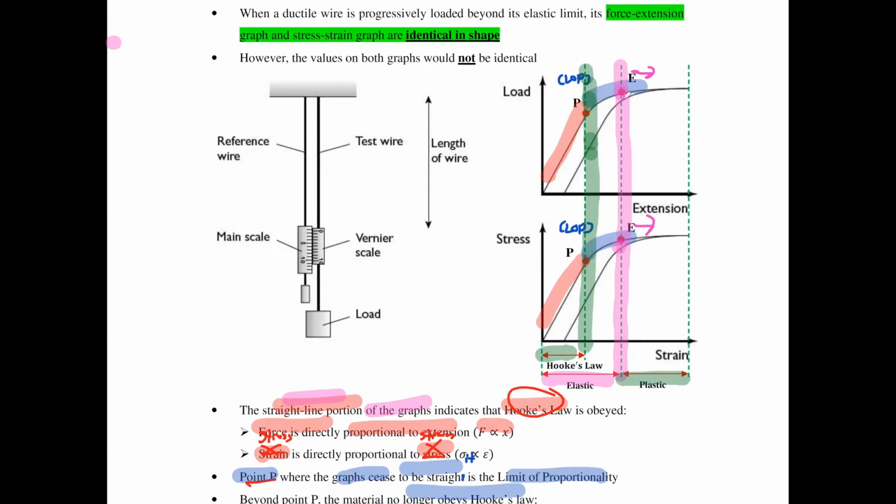Okay. If you remove your load after point E, your material will try to go back to its original length, but it won't be able to. It will stop somewhere here. Okay, you have some degree of permanent deformation.